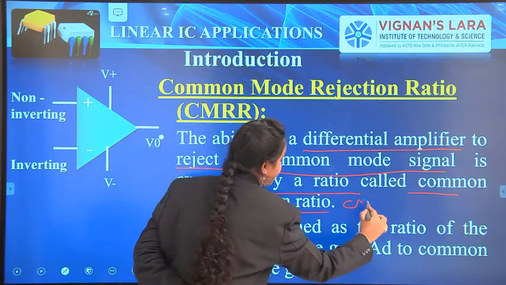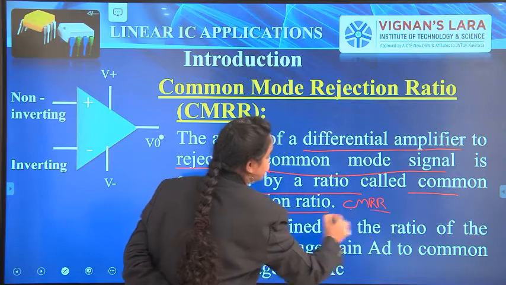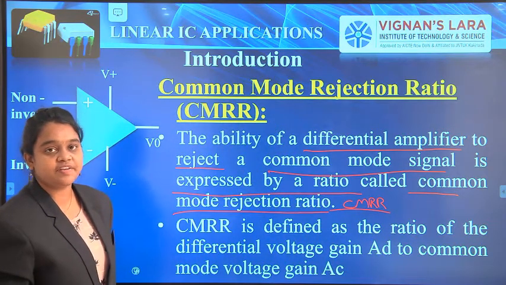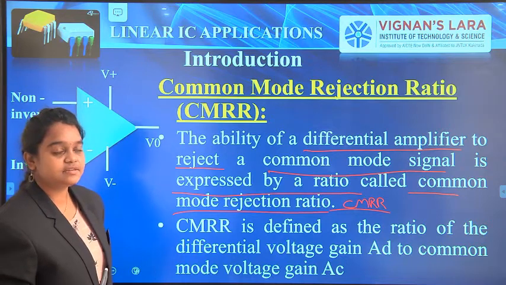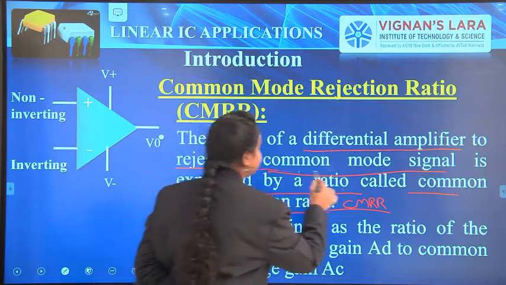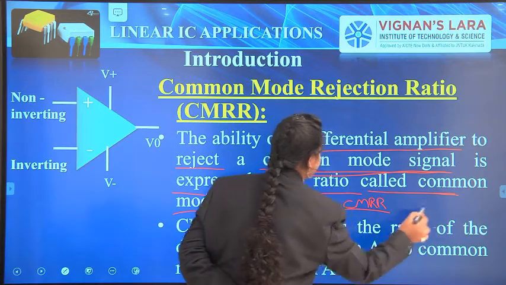We can simply call it CMRR. The ability of a differential amplifier to reject a common mode signal is called the CMRR.